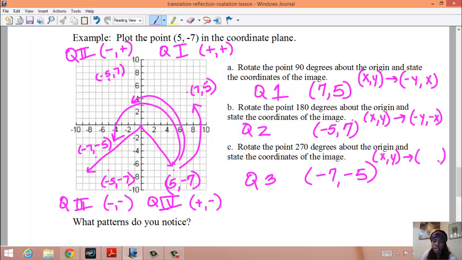And lastly, for the 270 rotation, y changes places but is not an opposite, so y comes here. But look at what x does. x changes places and it is an opposite, so it would be (y, -x). So here are some simple rules that we could use to do rotations.